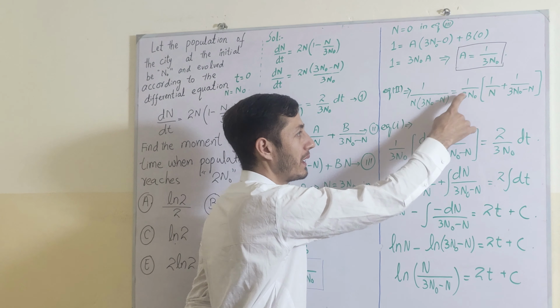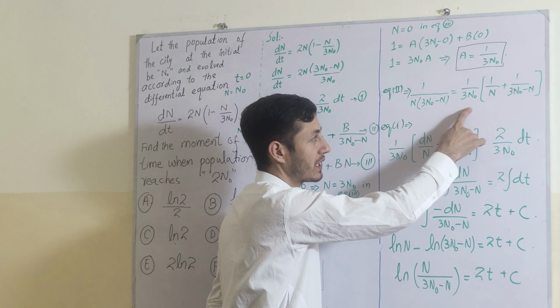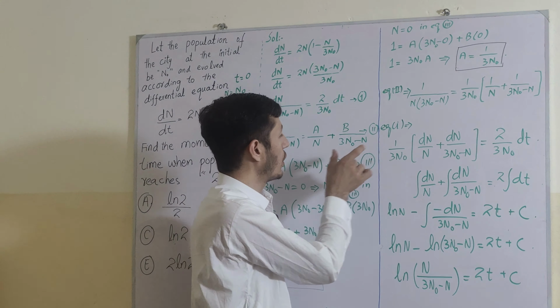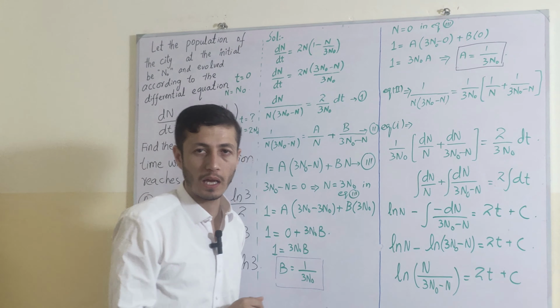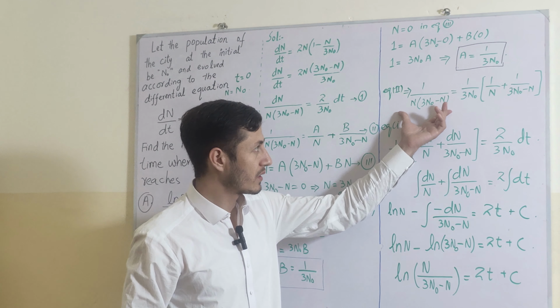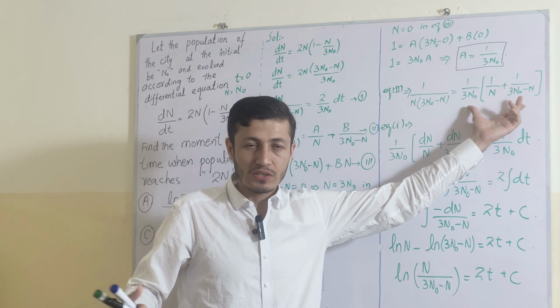So 1 divided by 3 times n naught is a common term. We take it as common. So in the remaining portion we are left with 1 divided by n plus 1 divided by 3 times n naught minus n. Okay. Now in place of this we can replace it in the partial fraction form.